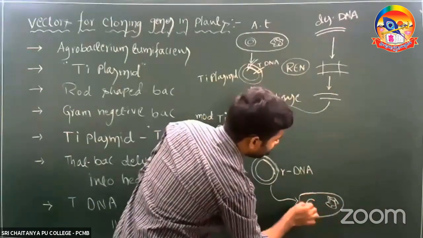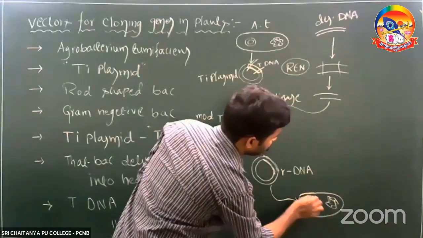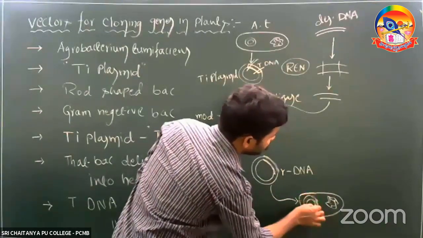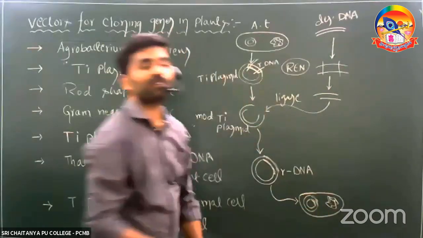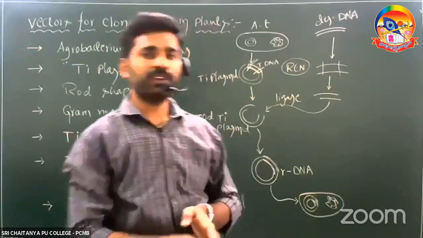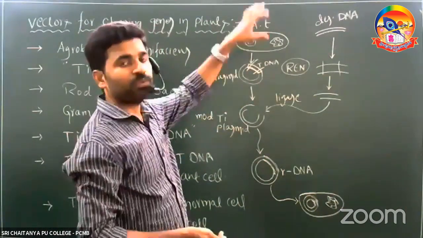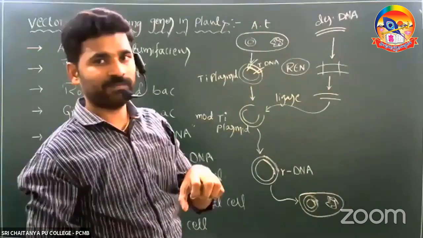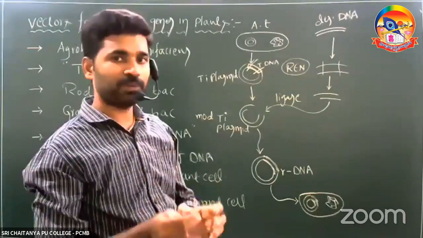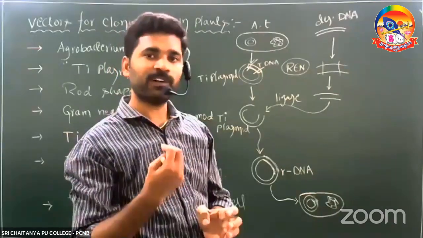So which cell acts as the host cell here? Agrobacterium tumefaciens only. But sir, Agrobacterium tumefaciens causes disease, right? Crown gall disease, no sir? Yes. But here some bacterial cells lack plasmids, so those bacterial cells we selected. In some Agrobacterium tumefaciens, plasmids are absent.